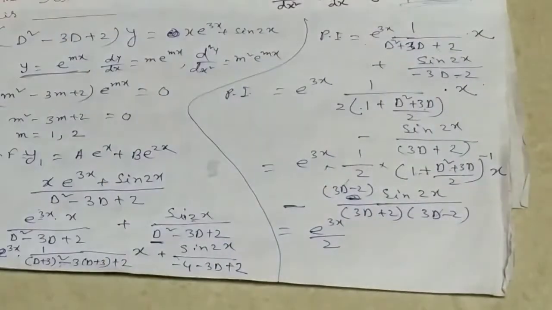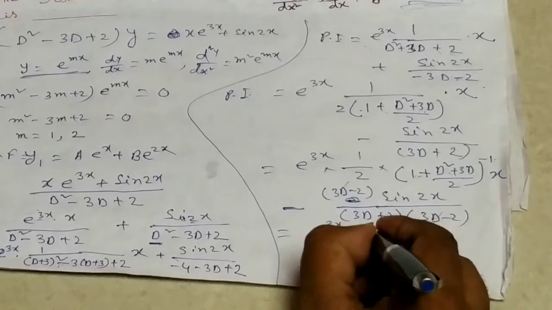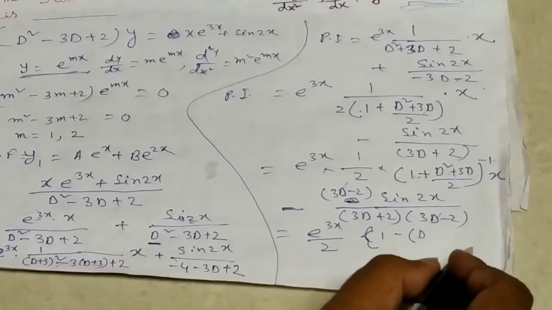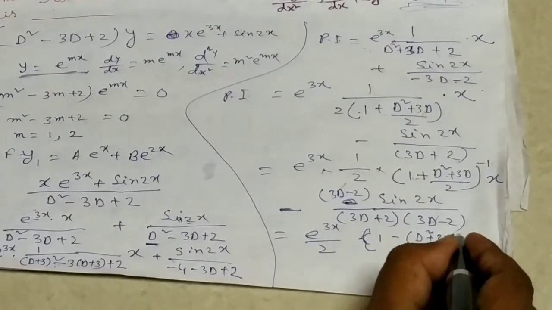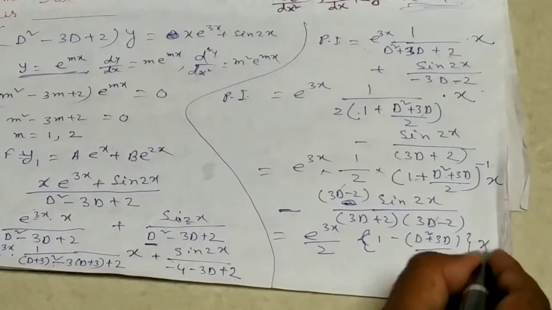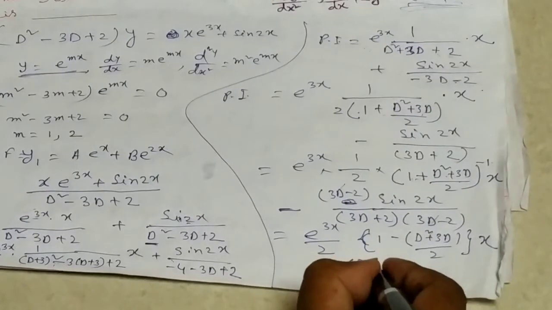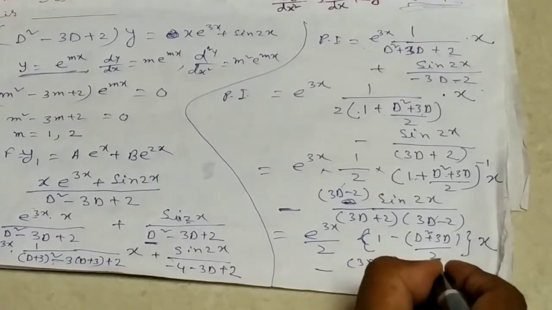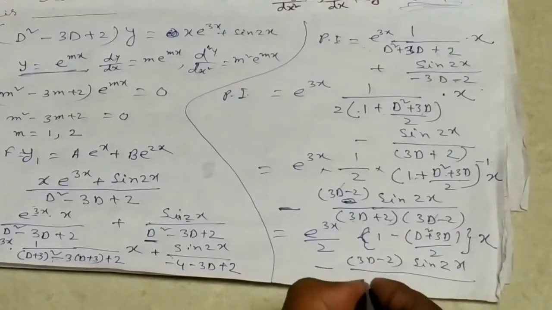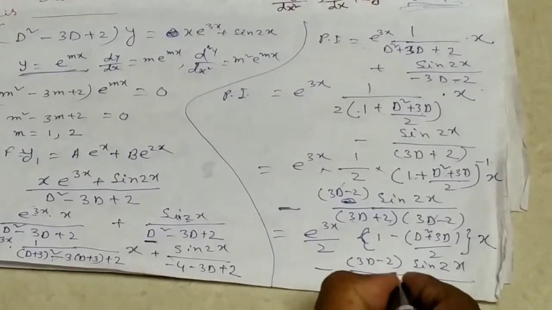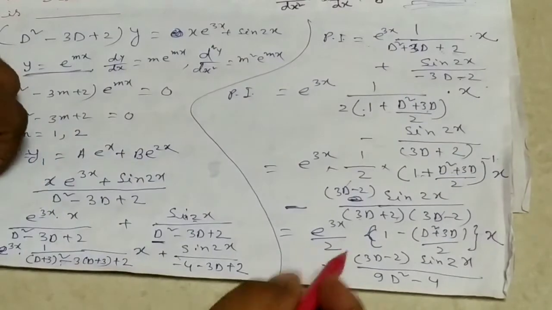If we neglect the higher terms, then we get 1 - (D² + 3D)/2, neglecting higher terms, into x, minus (3D - 2) into sin 2x divided by (a + b)(a - b), which means a² - b², that is 9D² - 4.